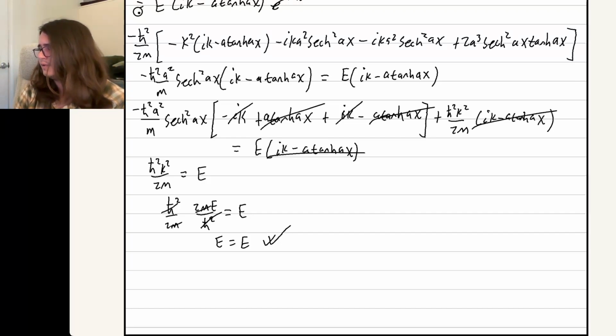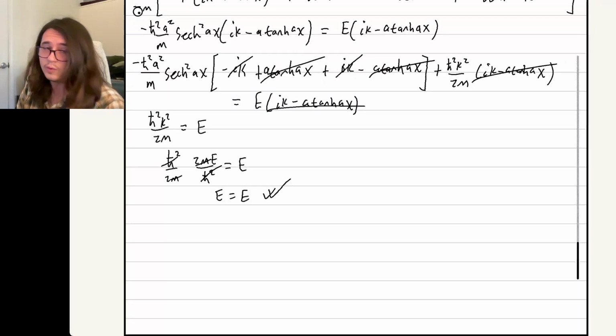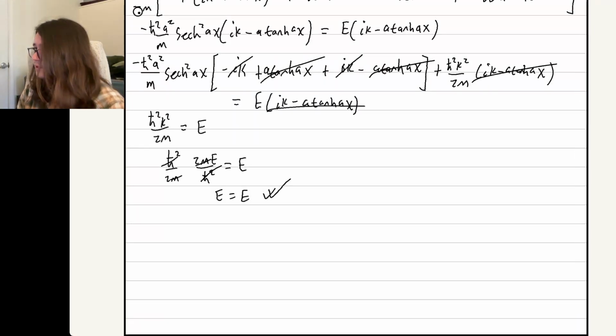The next thing that Griffiths does is he looks at the asymptotic forms of the wave function.